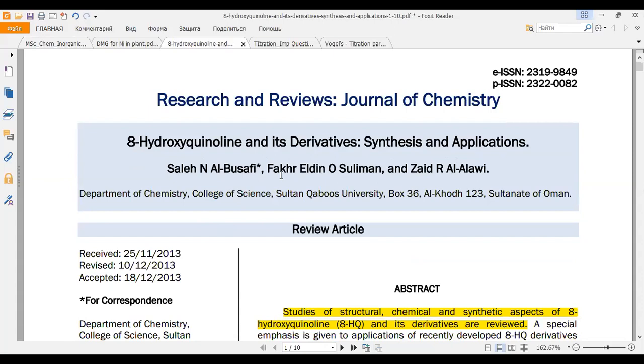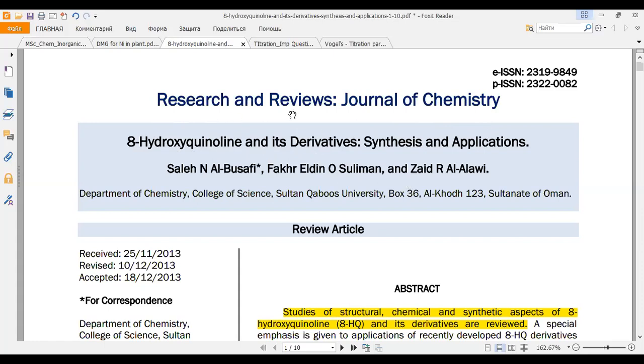They're trying to show how hydroxyquinoline and its derivatives are synthesized, and what their applications are. Okay, how people have used it in different ways.